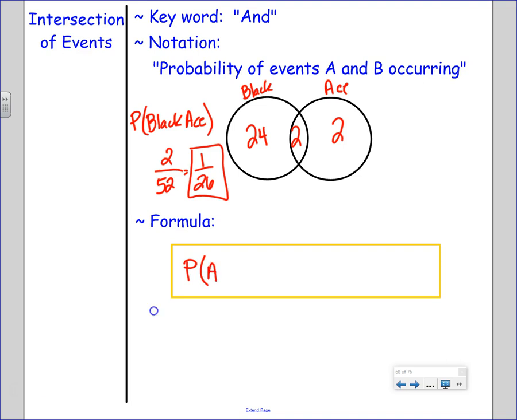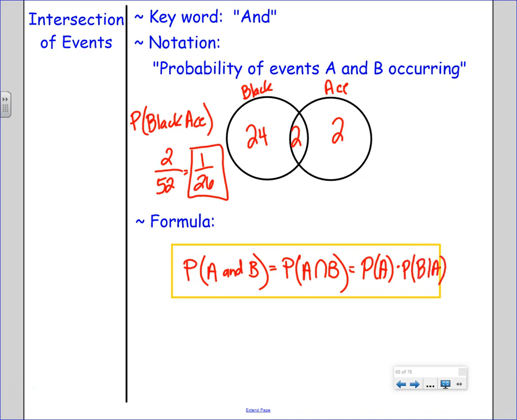For the word "and," we'll go back to geometry and use the intersection symbol, which is an upside down U, which looks kind of like an A if you just draw the line across. A for "and," the upside down U. And we do the probability of A occurring times the probability of B such that A has occurred.